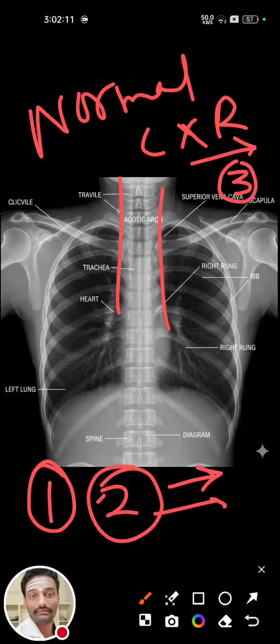Third, see the breathing pattern of the patient. Lungs appear radiolucent black, normal vascular markings, no focal opacities, no consolidation or masses, and no signs of pneumothorax.